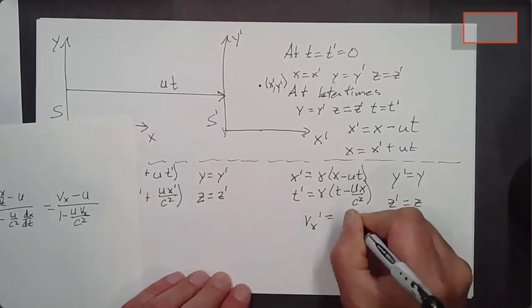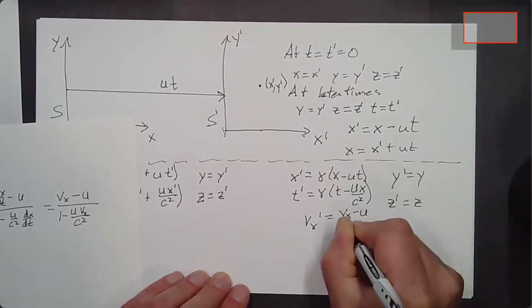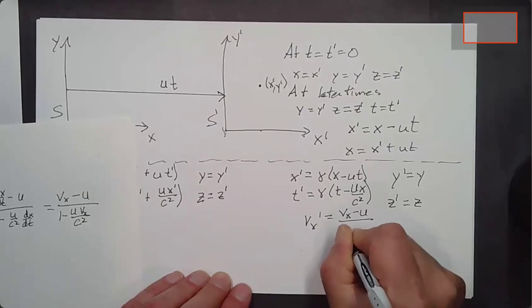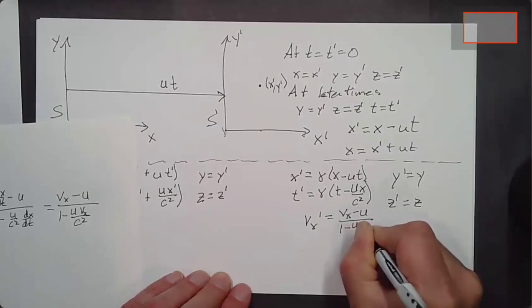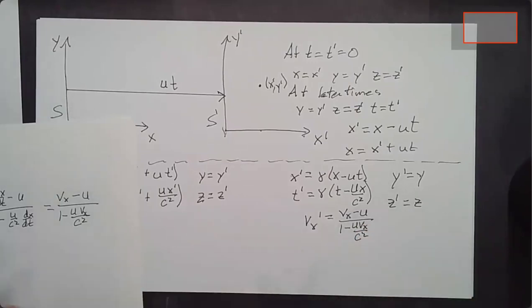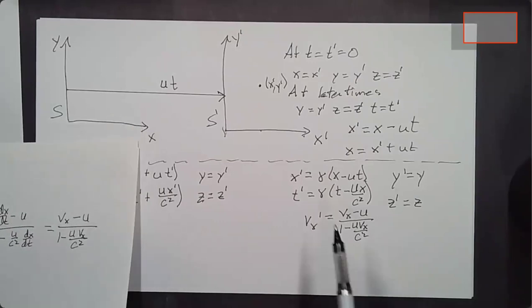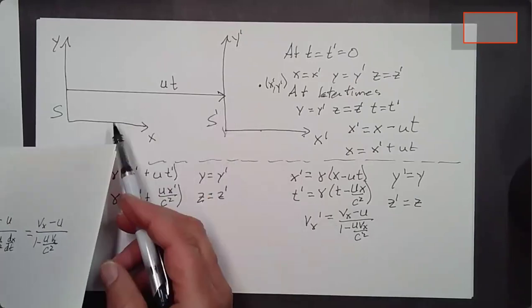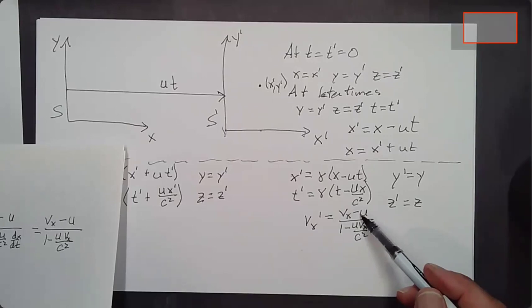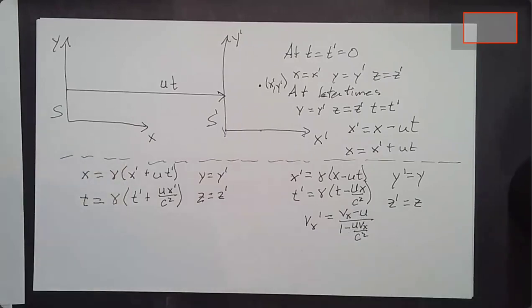V sub x prime will equal v sub x minus u over 1 minus u v sub x over c squared. So that's our transformation of one of the velocities. And by the way, if the two things are moving together, then you'd change the sign on the terms that have u. So we might run across an example like that.